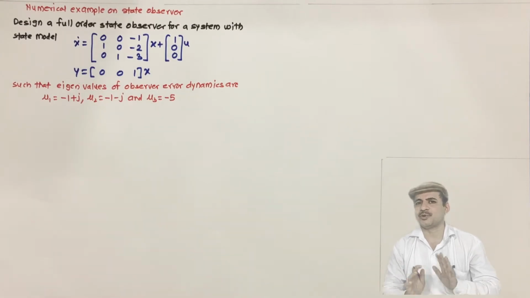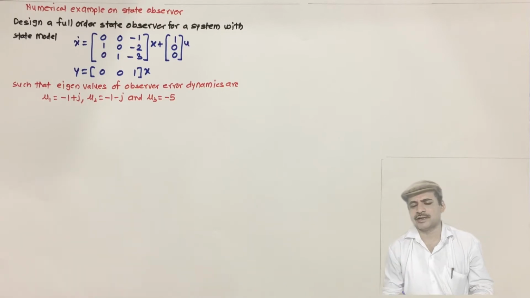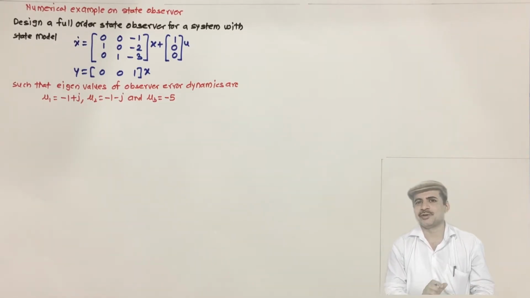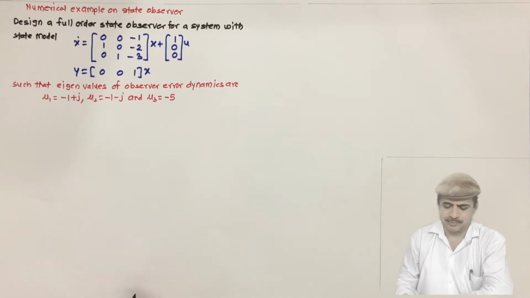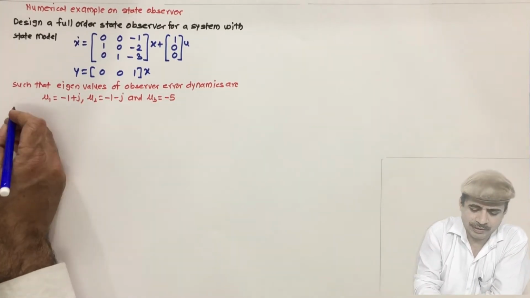So no need to compute the transformation matrix, which reduces the computation. One more conclusion I can take: as the given system is already in observable canonical form, the system is always observable. So there is no need to check the observability, but we will do it as a step. Let us start solving the example.